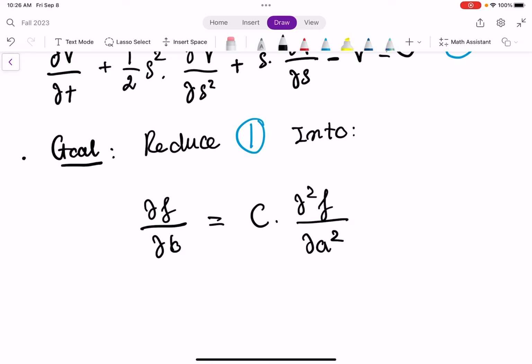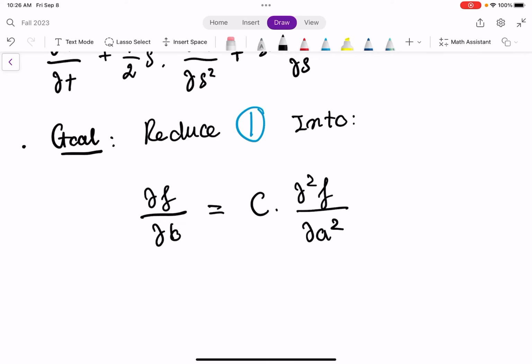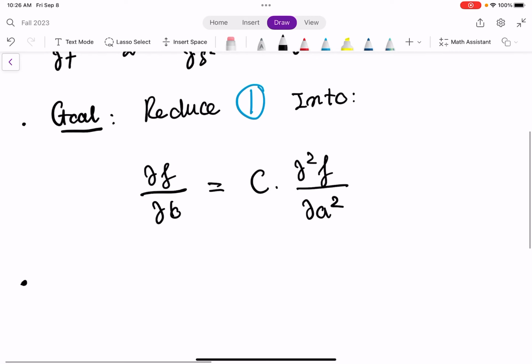Okay, so you asked me, what is f, what is b, what is a? You just introduce it like that, which doesn't make any sense, right? So let me demonstrate. So that is the goal, and this is the proposal.